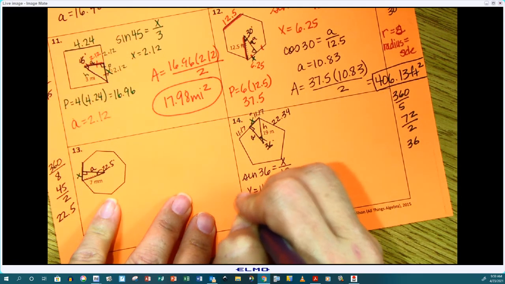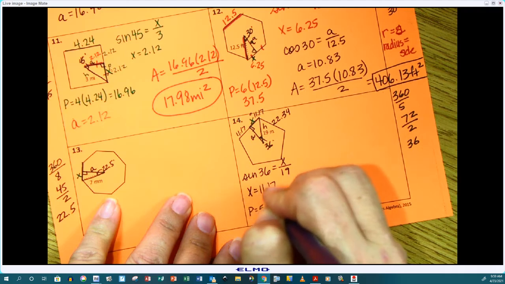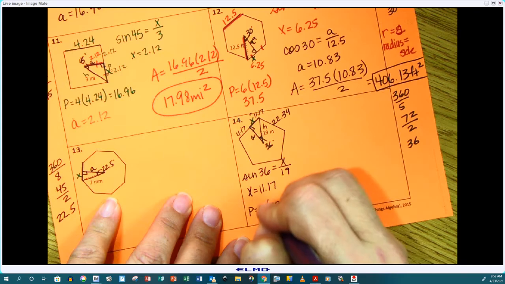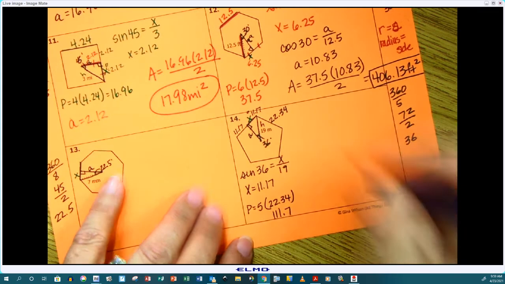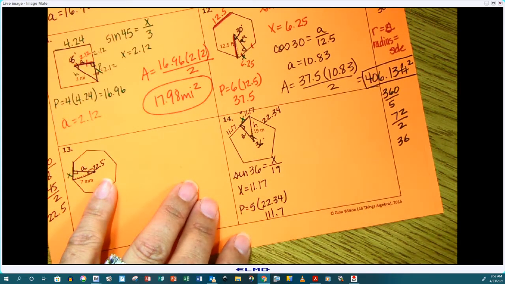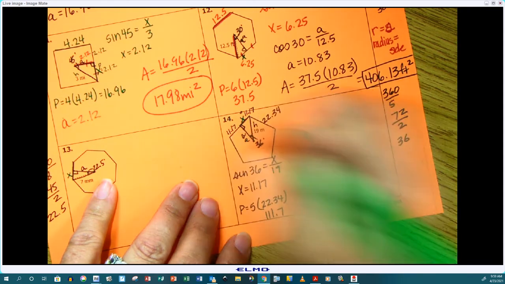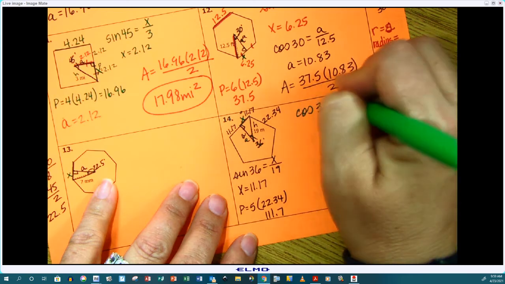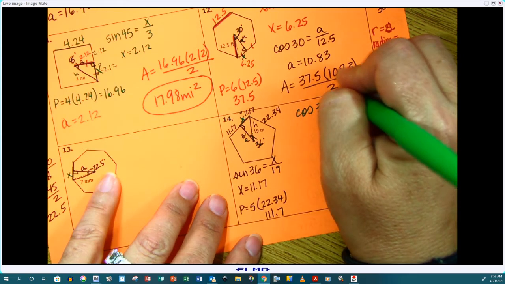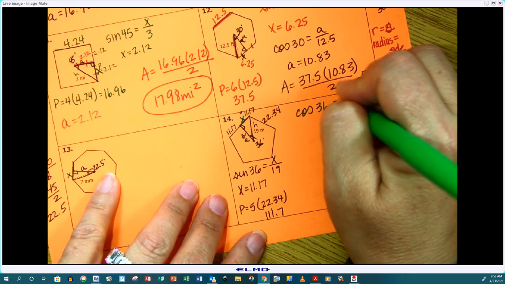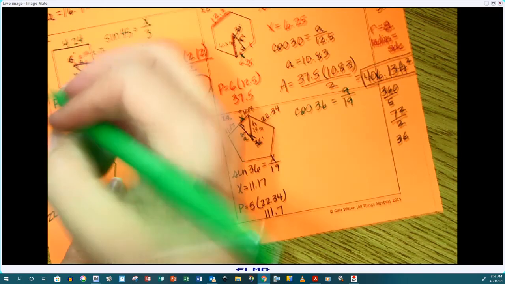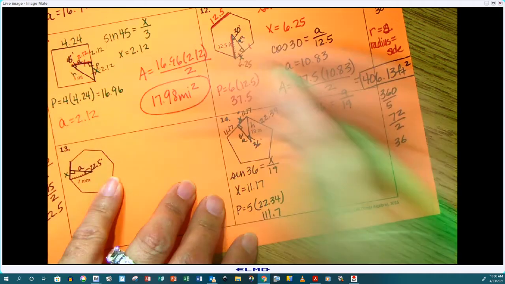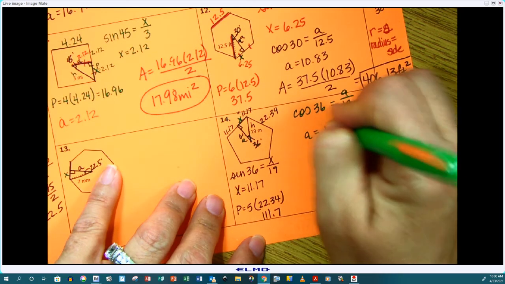So my perimeter is 5 sides at 22.34, so 111.7. The apothem is adjacent. So the cosine of 36 is apothem over 19. So my apothem is 19 cosine 36, so 15.37.